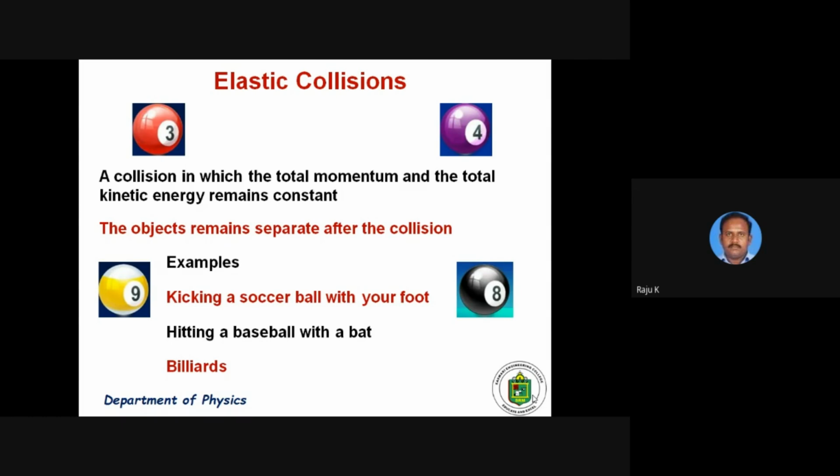So your foot and the soccer ball are now separated. Similarly, hitting a baseball with a bat, or in billiards, hitting the ball with a stick, where the collision between the two objects keeps the momentum and the kinetic energy constant.